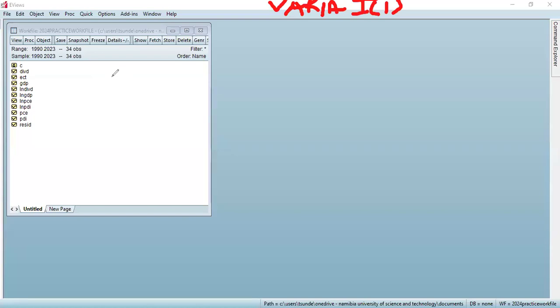So using the same model that we used last time, we would have change in GDP at time T on one side. I will leave out the constants so that I summarize the model.